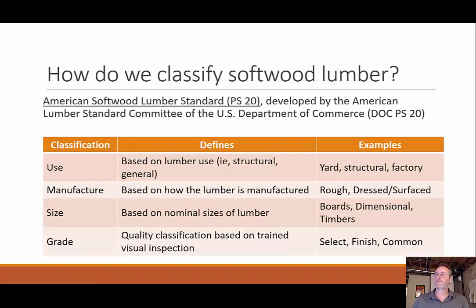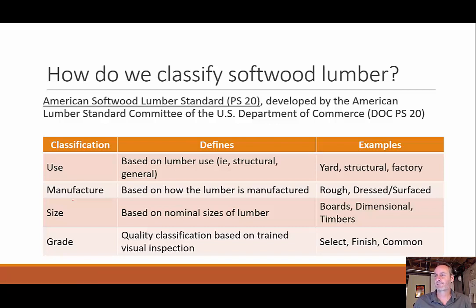So when we talk about classifying softwood lumber, it's based on the American Softwood Lumber Standard PS20, and there are really 4 different classifications we can look at. One is the use of this lumber. Is it going to be yard use, structural use? How is it manufactured? Is it rough sized versus dressed and surfaced?